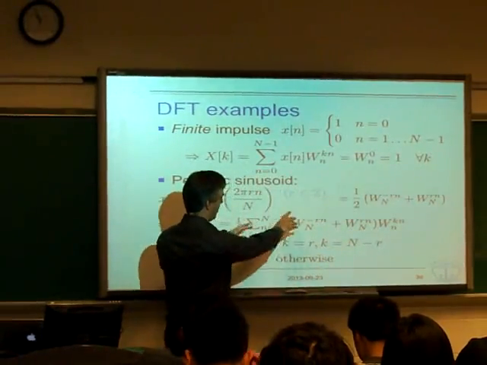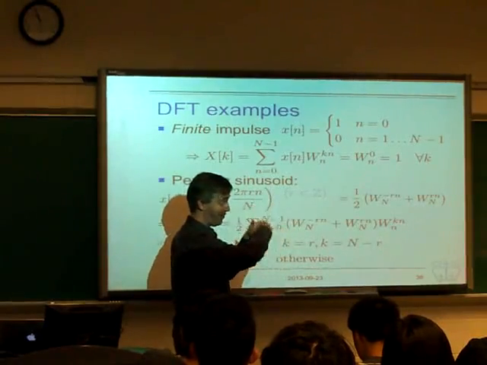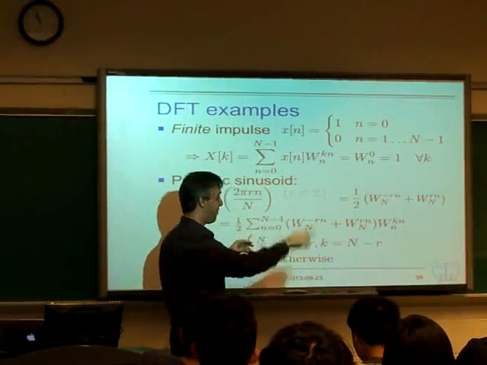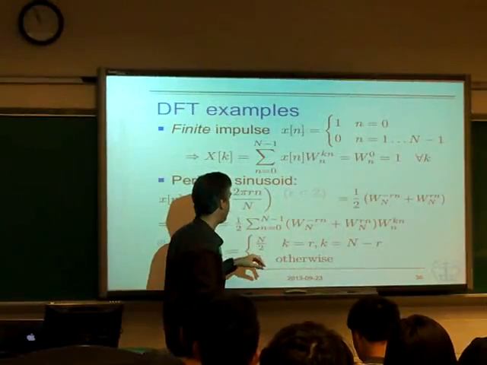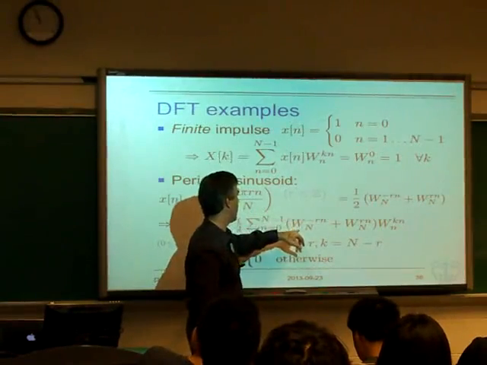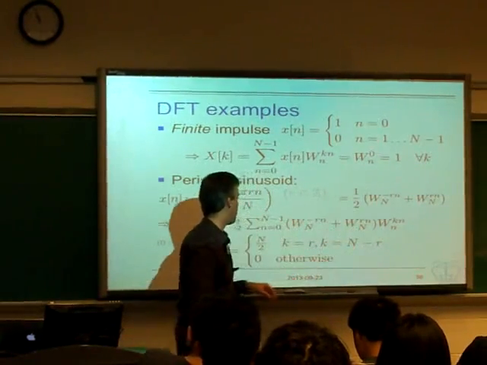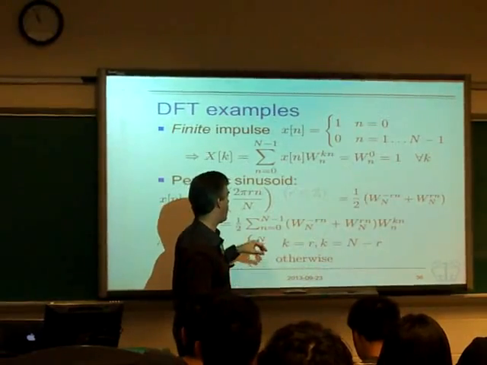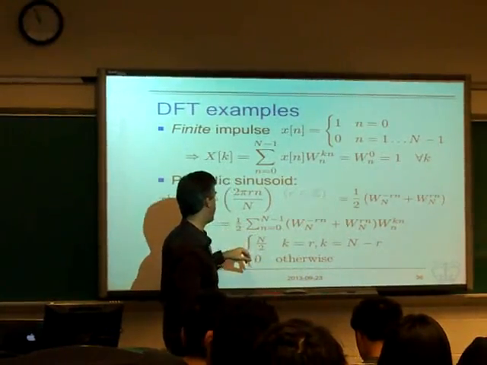And by that argument about sums of W sub N to the kn making loops, unless the exponent is 0, it's going to be 0, unless k equals R or k equals minus R, in which case it's going to be N and then N over 2.